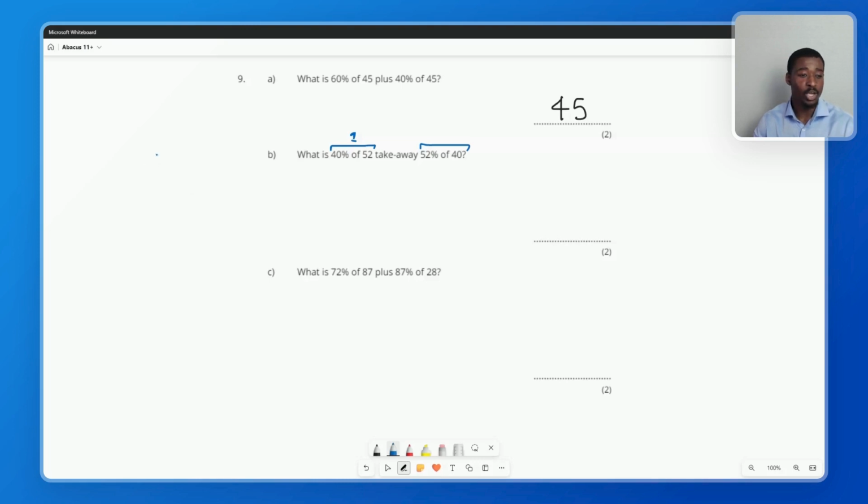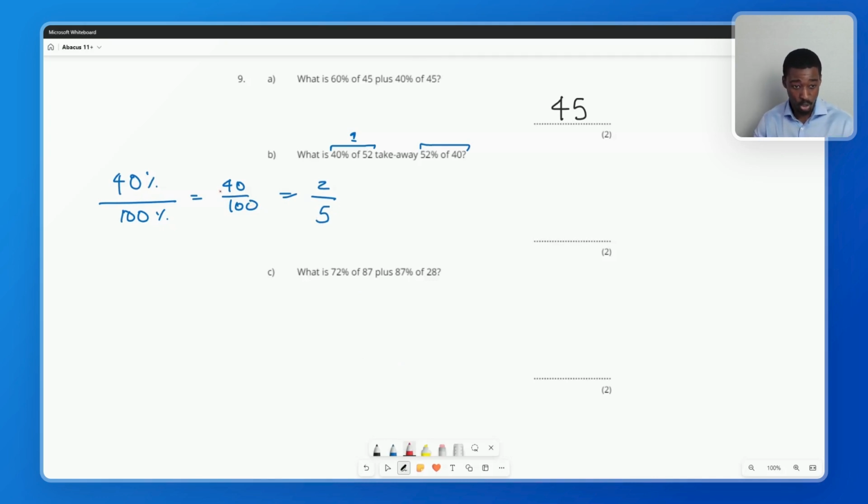And here, we can use our understanding that every single percentage is really a fraction in disguise, because 40% is simply 40 over 100, which cancels down to 2 over 5, using our common factor of 20, right?